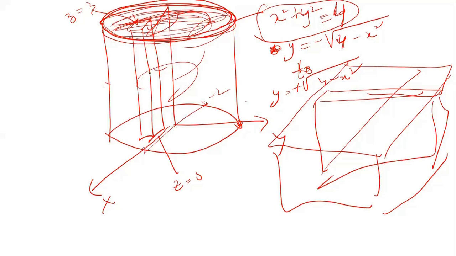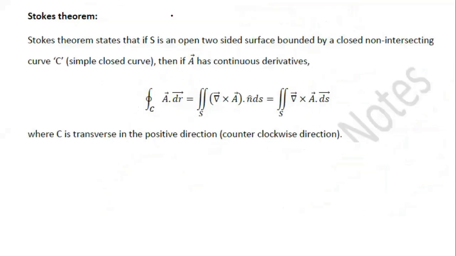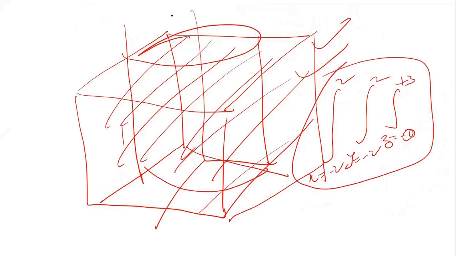So the step of this integration, from y equal to minus square root of 4 minus x squared to plus square root of 4 minus x squared, and integration from x equal to -2 to +2, is to move this rectangular rod within this. By moving this rectangular rod within this cylinder, it will cover the whole volume. Okay, so that's the only way I can explain this. Now I hope that gives you satisfaction, because you certainly know that if you choose the limit like this, you will not arrive at that cylindrical volume.